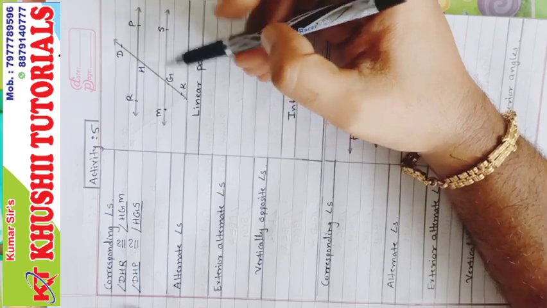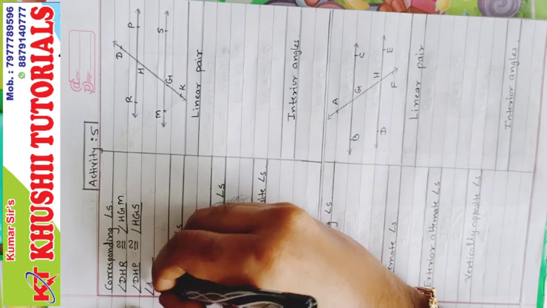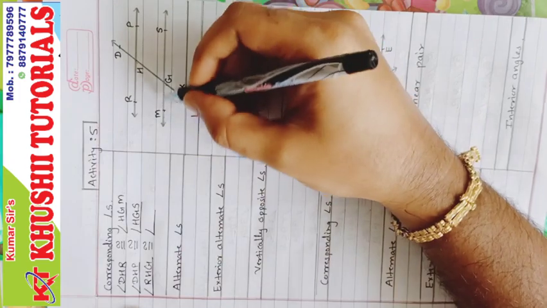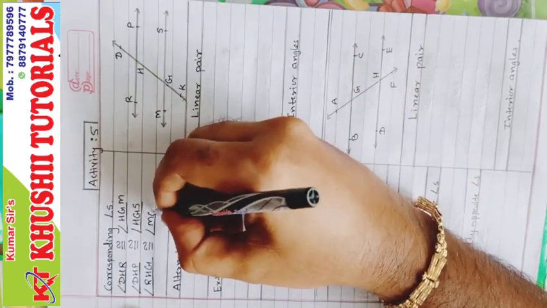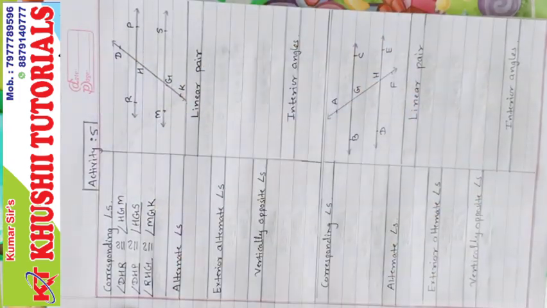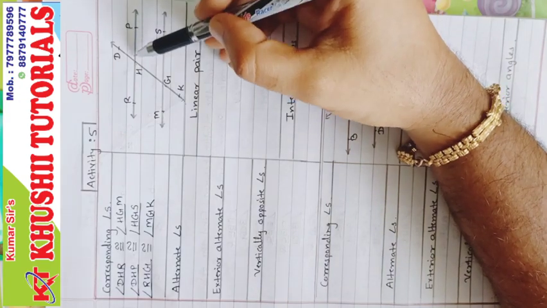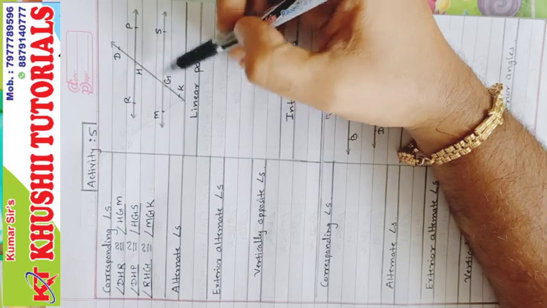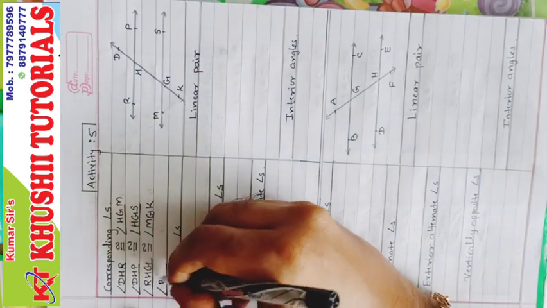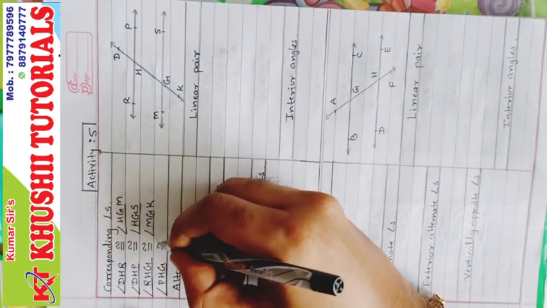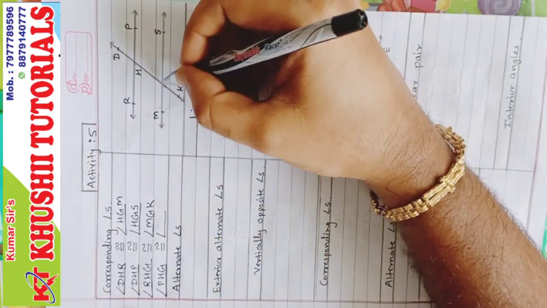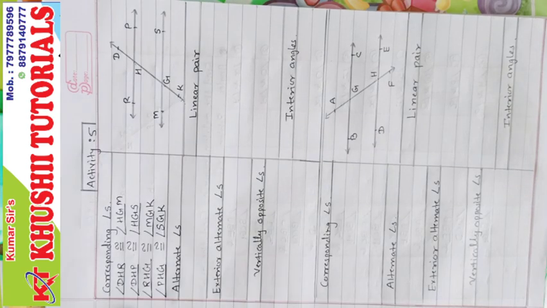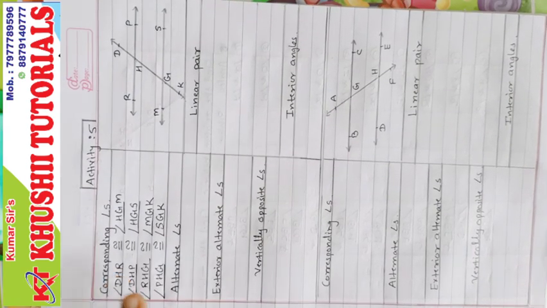So angle RHG is congruent to angle MGK. And the last one, towards left and down: angle PHG, angle SGK. So these are the corresponding angles and they are congruent.